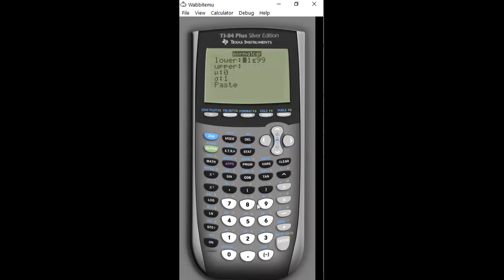So my up bound is 2.32. The lower bound is negative 1 E to the 99. The up bound is 2.32. Okay, so now you see here, what is here? 0.9898, right? So it's 0.9898.